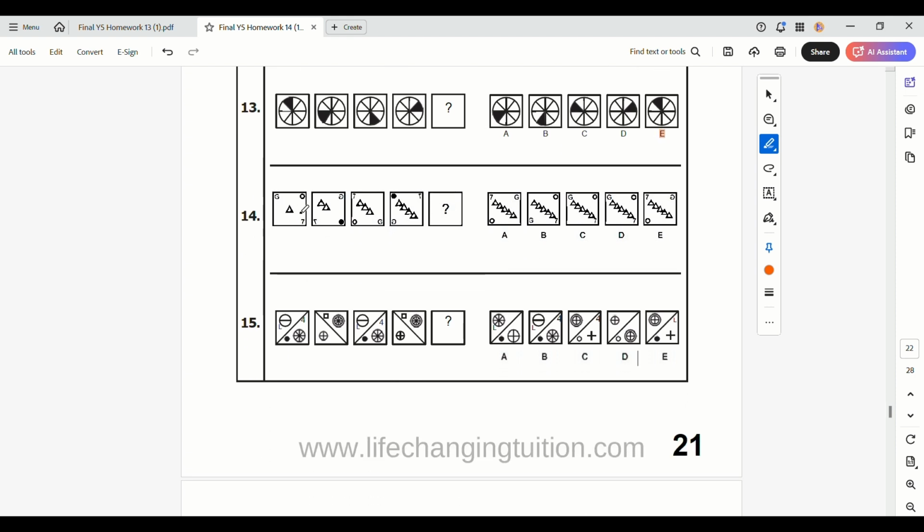Question 14. Each time you're adding a new triangle, so there should be 5 triangles. And it looks like the circle is going white, black, white, black, white. Right, and the 7 and the G seem to be doing some weird things. So first of all, it's reflected here, and then it's reflected again, then it's reflected again.